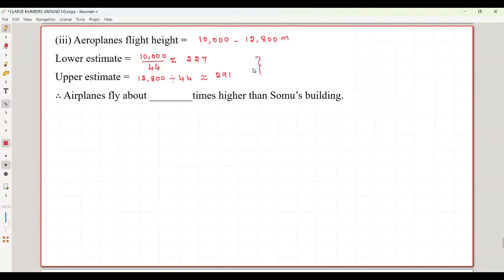Therefore, I can take it as roughly 230 to 290 times, rounded off. Therefore, an airplane flies about 230 to 290 times higher than Somu's building.